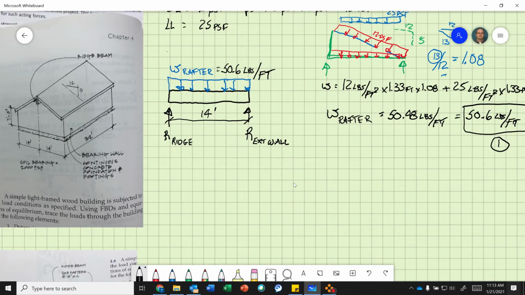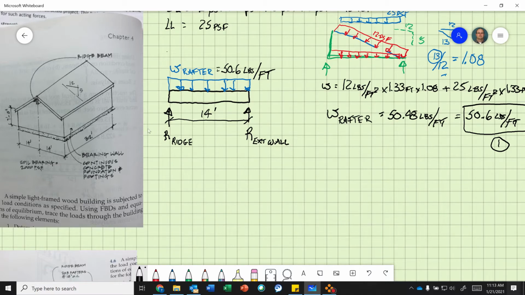Question two says determine the load per foot on the bearing walls. Okay. So the bearing walls are the exterior walls. So with that, here's the ridge board, here's the exterior wall. So load per foot on the bearing wall.